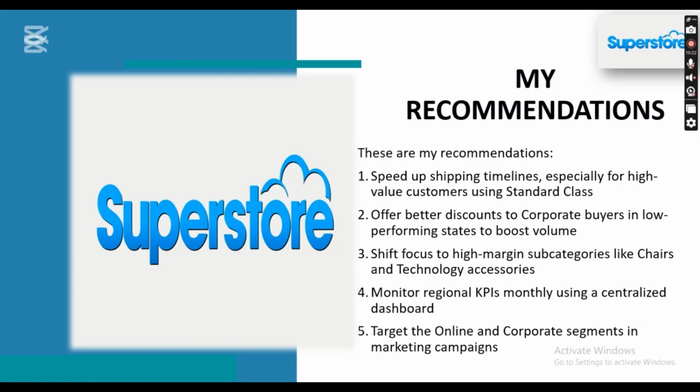So the bottom line here is, if our Superstore puts these recommendations in the business, understanding that some states are generating more revenue while some states are generating less, and if we are able to hack into this, we can increase the revenue by maybe 25% per annum.